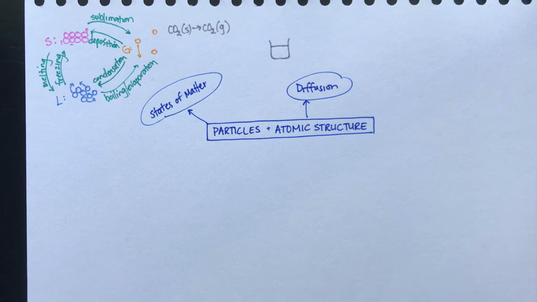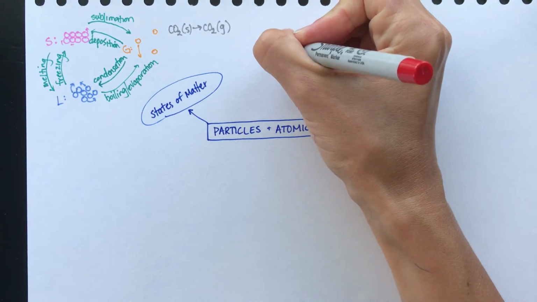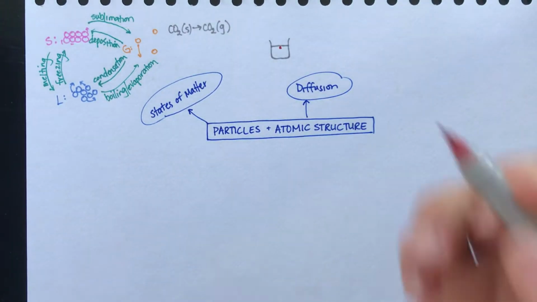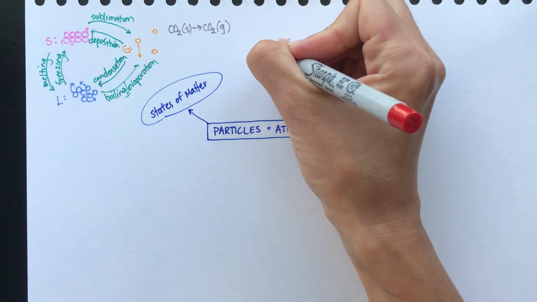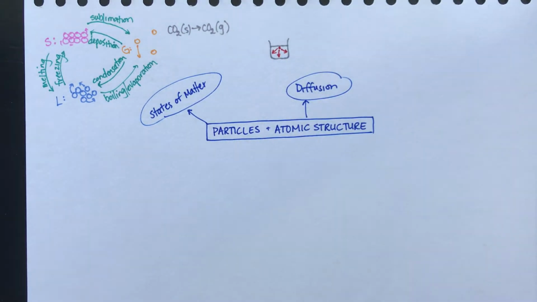You could do the same thing with dissolving. You could dissolve a colored salt like potassium permanganate, but if we just add a drop of food coloring, it starts in one place and then spreads slowly. Even if you don't stir, of its own accord, as the particles move, it will spread throughout the liquid, and eventually all of the liquid will be colored.